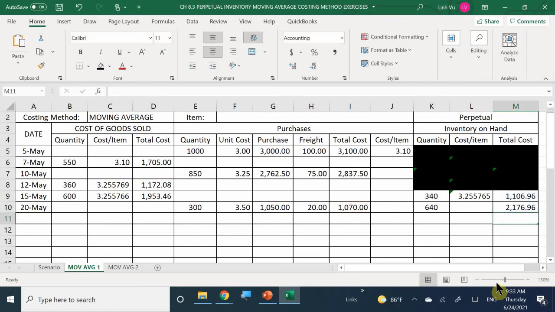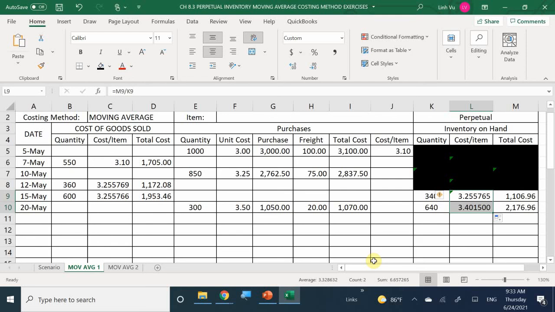$2,176.96. Good. Which then brings my average cost to become 3.4015. So once again, because I actually purchased inventory at a more expensive price, instead of purchasing it at $3.25, it is now $3.50.